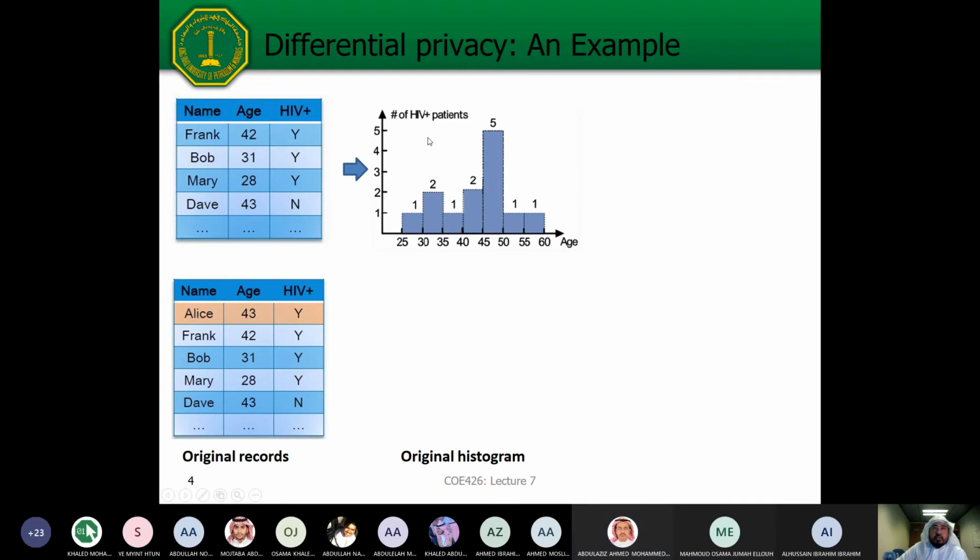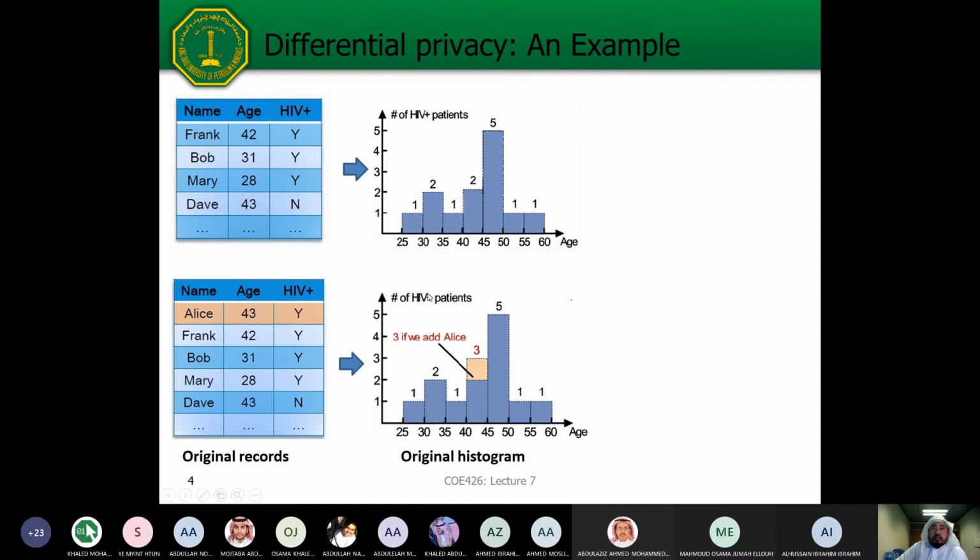Now this is, let's say, in October. Let's say next month in November, you did the same histogram because you are an analyst. You want to collect data, and you got this update. You notice that there is one patient who got admitted to the hospital last month, who contributed to an increase in the frequency diagram.